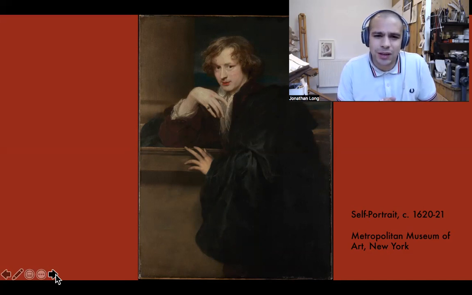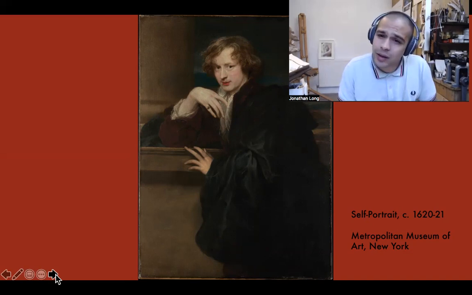He's painting himself as a youngster with great potential, I think, and he would eventually become an aristocrat. He would be knighted in 1632, so a mere decade or so after this painting. And then a decade after that, he'd no longer be with us because he died in 1641.